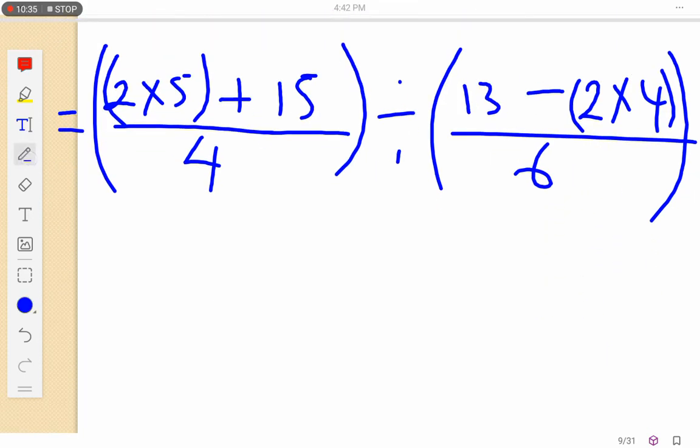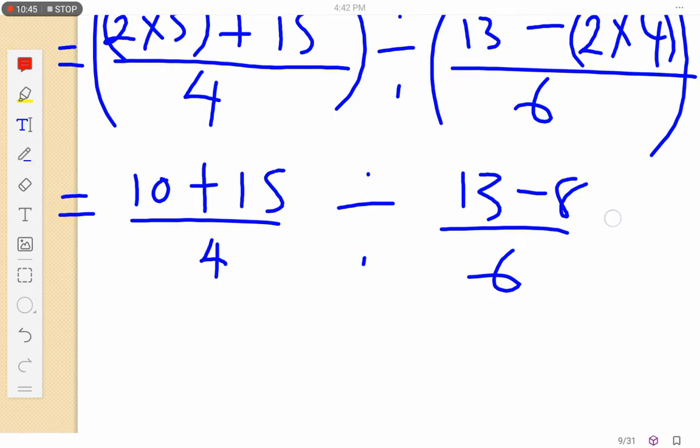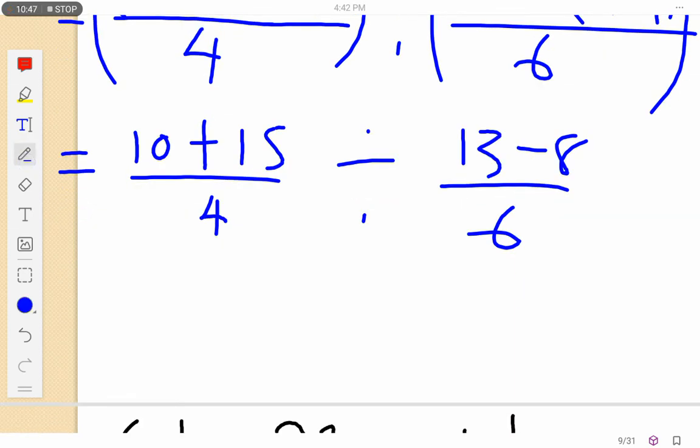So I'll have 10 plus 15 over 4 divided by 13 minus 8. 10 plus 15, I get 25 over 4. Then divided by 13 minus 8 there, I get a 5 over 6.